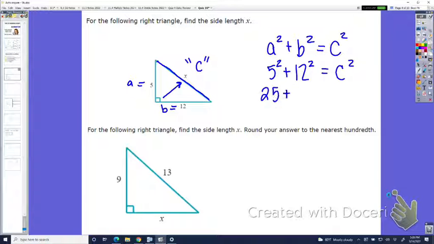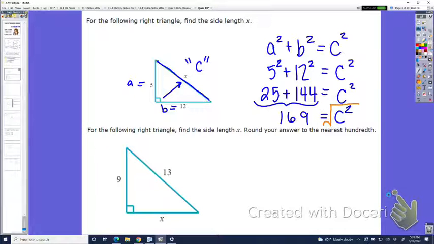Square the numbers, so this is 25 and 144. Then you're going to add the two numbers together. So this ends up being 169 equals c squared. And finally, you have to unsquare it. So you square root both sides. And if you know that square root, or you can type it in the calculator, c is approximately 13. So this side is 13. And it's always the longest side on a right triangle.